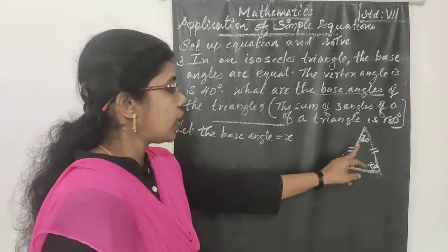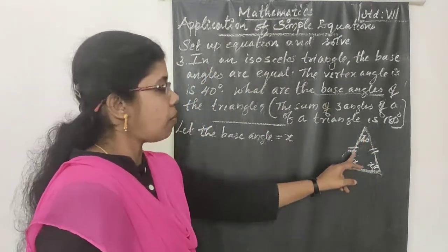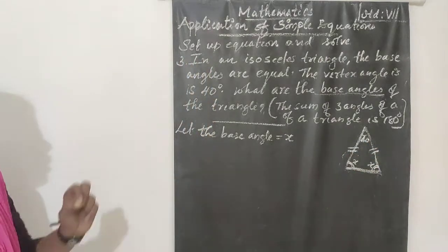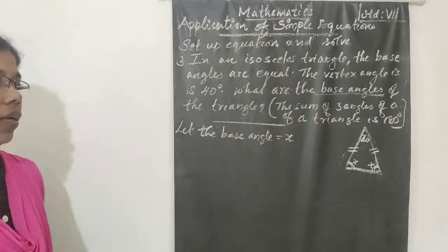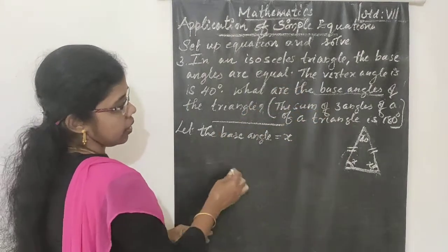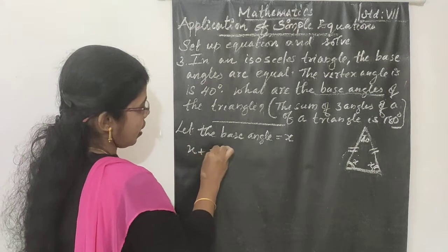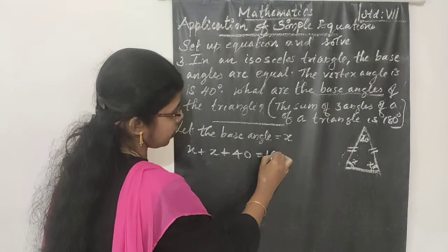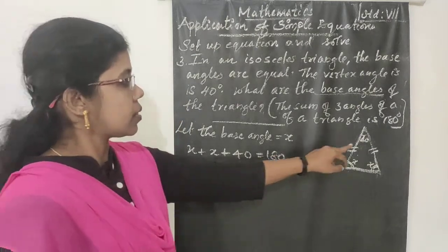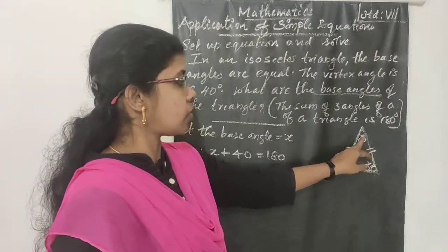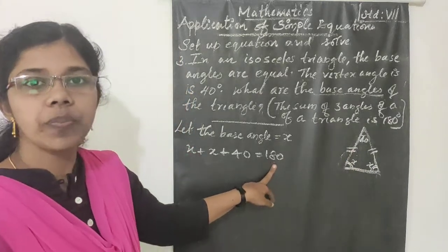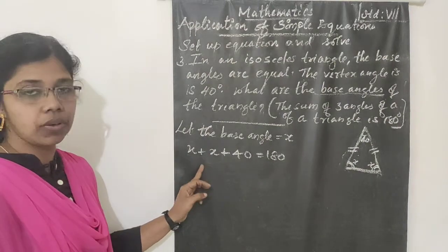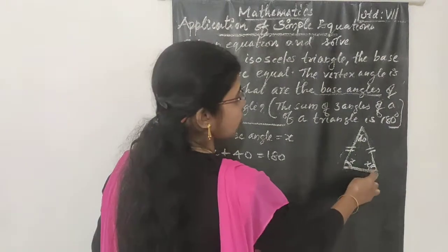We know that the sum of all three angles is equal to 180 degrees. That is one important result. That means x plus x plus 40 degrees is equal to 180 degrees. Why? The sum of three angles of a triangle is equal to 180 degrees. Here two angles are equal to x.